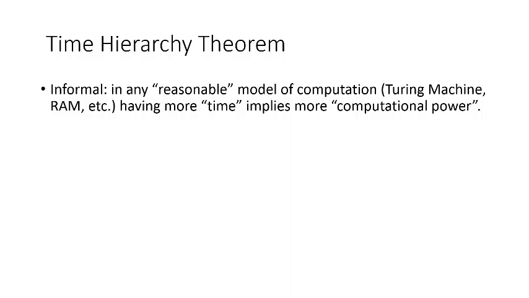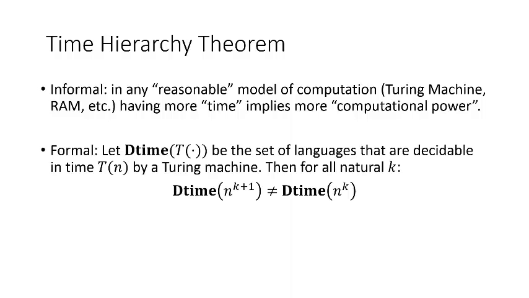So the intuition is kind of independent of the model, but we will prove it for Turing machines. The theorem says that the more time we have, the more computational power we have, so we can solve more problems. We want to formalize this theorem for the Turing machine case.